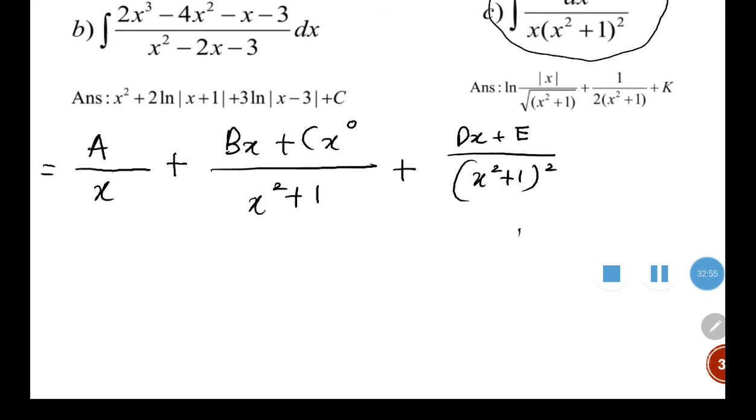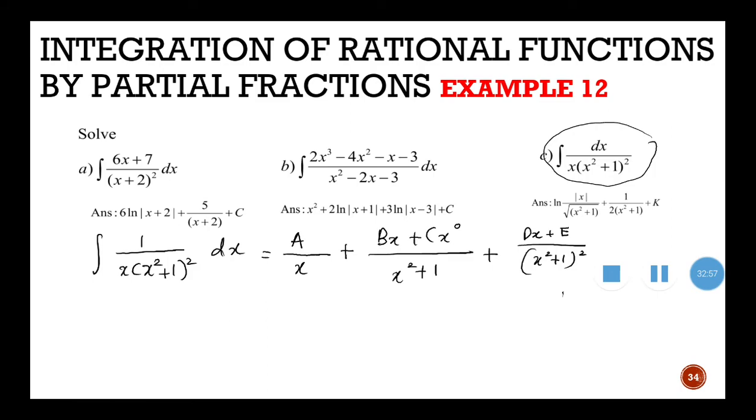Okay. So now we have this, which you're going to integrate later on. But we must first solve A, B, C, D, and E. So now we have A times x. This is equal to 1, and bring this part here to the right hand side.